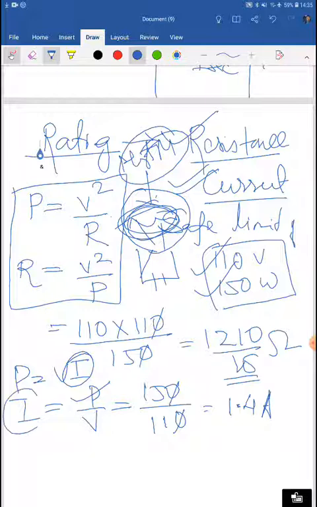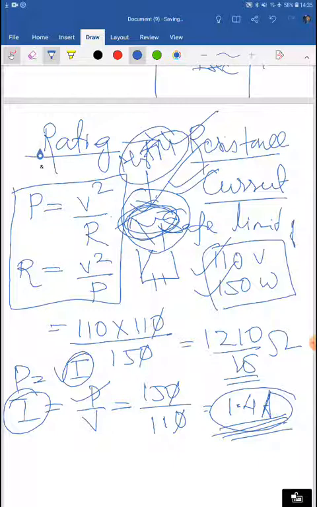So this is my current, in ampere. So the safe limit at which the bulb can work properly is 1.4 ampere of current. Beyond that, the filament may get damaged and the bulb may get fused. So these are the two very important things that can be found out from the power rating. Are you getting my point?